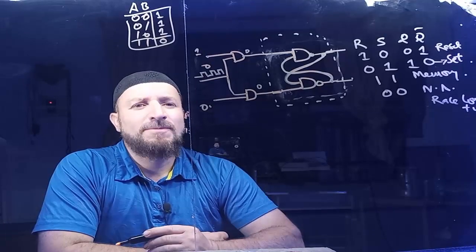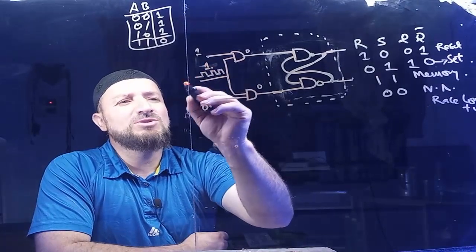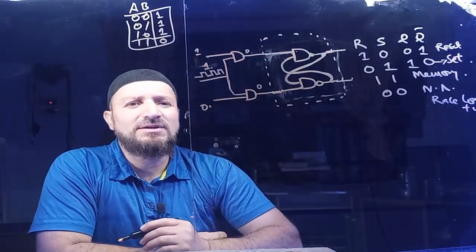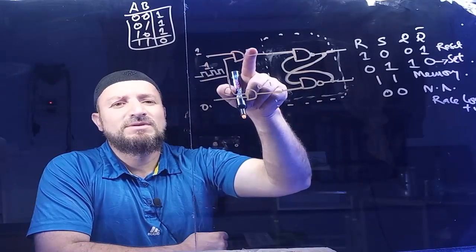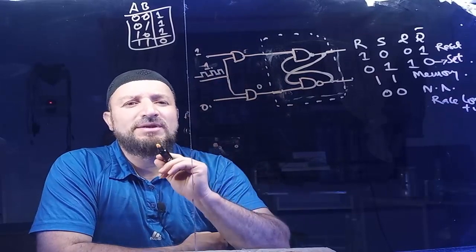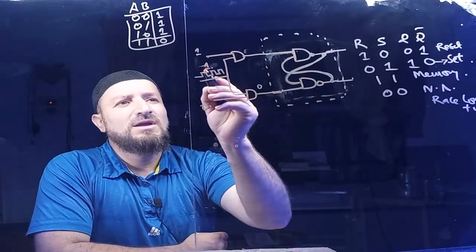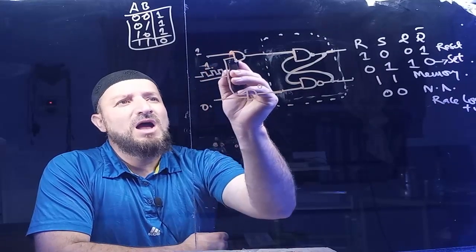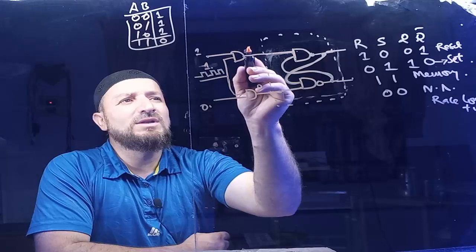Does it make sense? So if this clock is 1, that means the clock is coming up, this voltage is there. Now whatever comes here, that goes out. So when the clock is there, this AND gate becomes transparent. Whatever the input comes, that goes out. See, if the clock is 1 and the input here is 1, then 1 and 1 for the AND gate is 1.